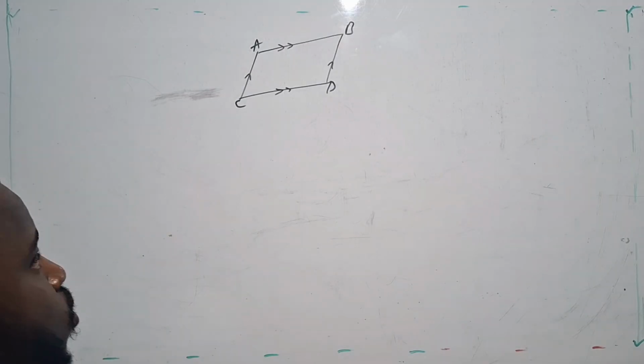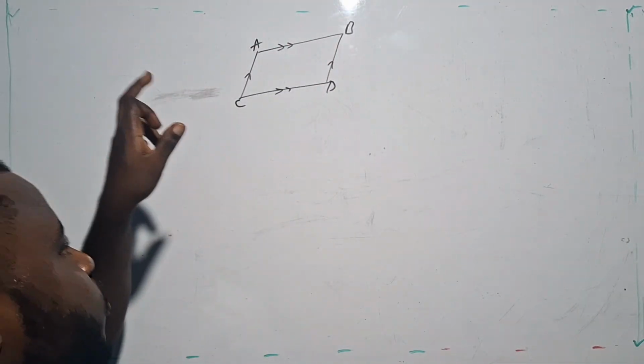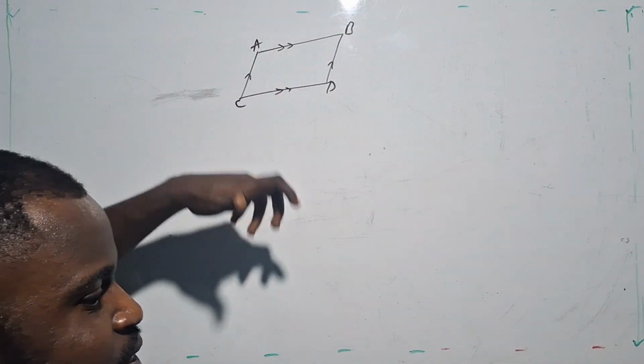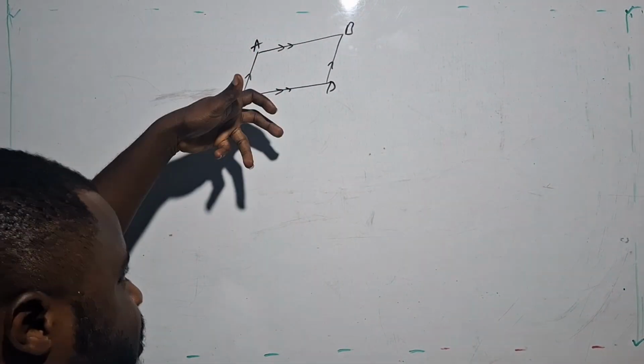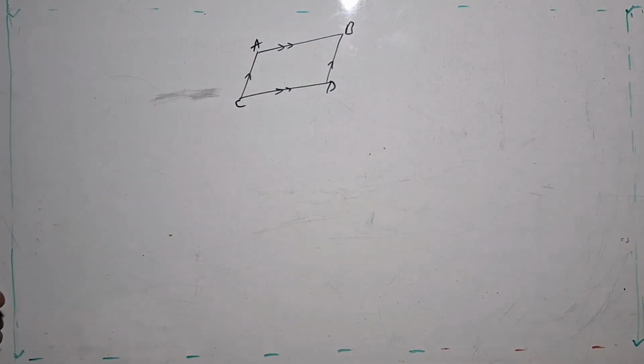To determine that, you find the gradient of AB and the gradient of CD, and if they are the same, they show that those points are vertices of what? A parallelogram. As simple as that.